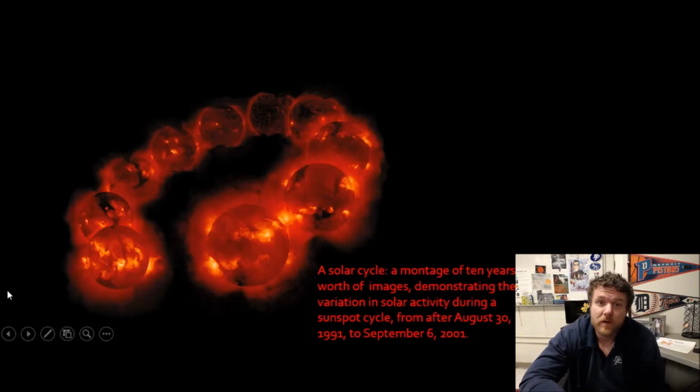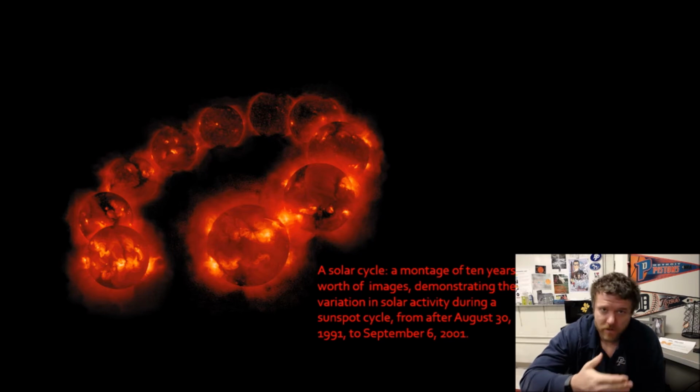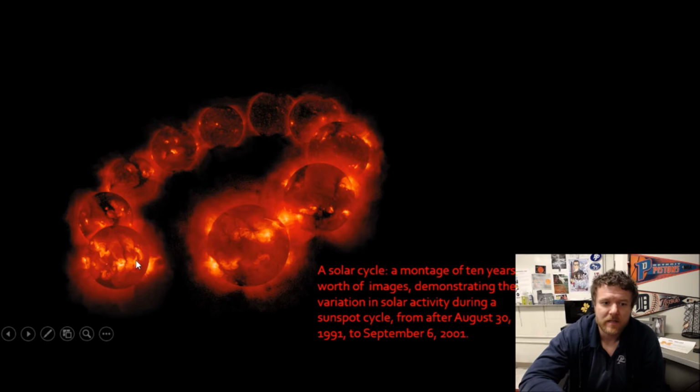This is an interesting photo. It's actually a number of photos put together. Each one of these suns is a combination for an entire year. So what they did is they counted all the sunspots that happened during an entire year, and they put them together in this sun here. And then they did the same for every sunspot that happened the next year, and so on.